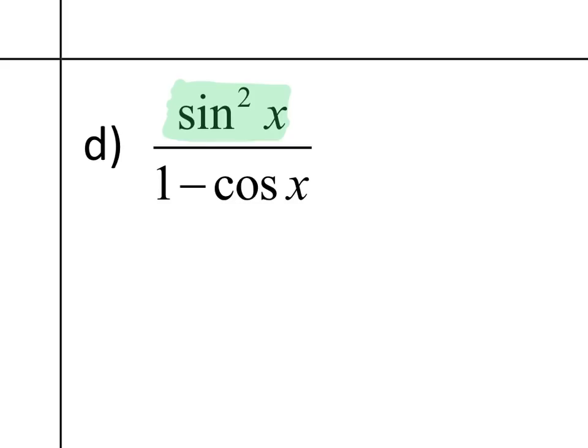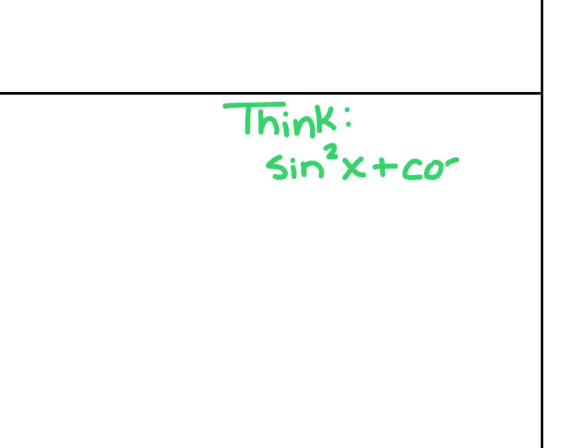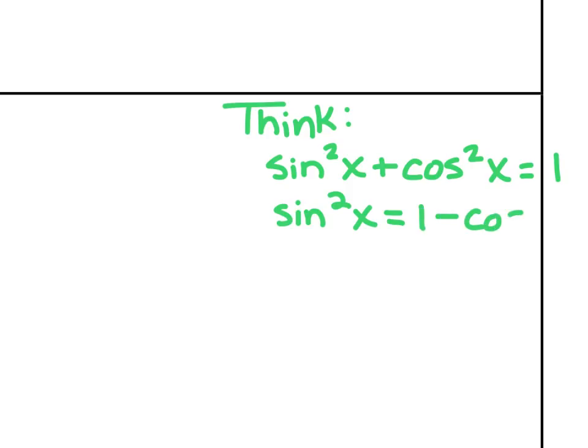So here's the first thing that I would think to myself, and I'm going to kind of write this over to the side. I know that sine squared of x plus cosine squared of x is equal to 1, and therefore I can rewrite this as sine squared of x equals 1 minus cosine squared of x.